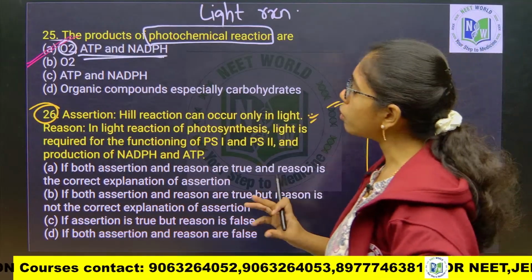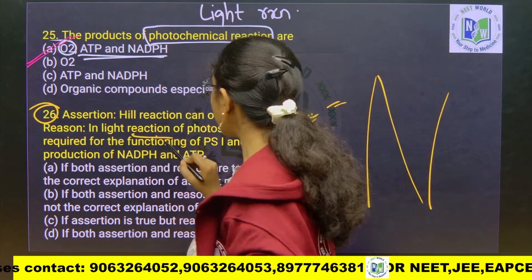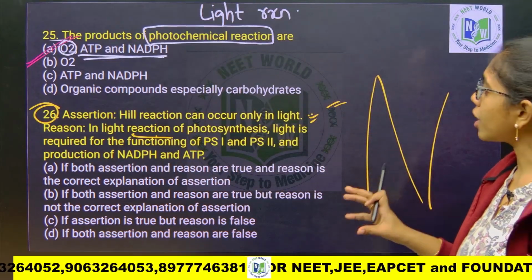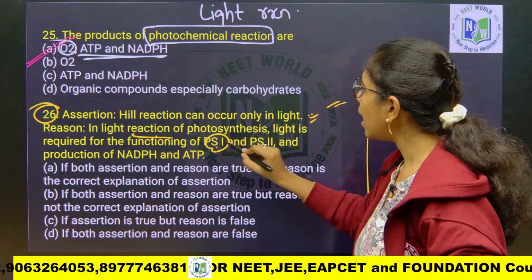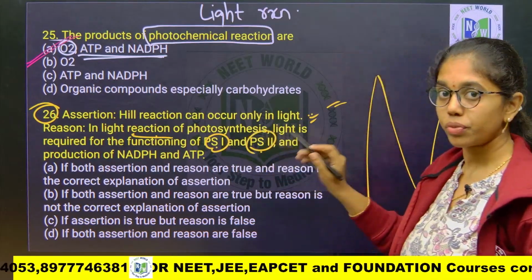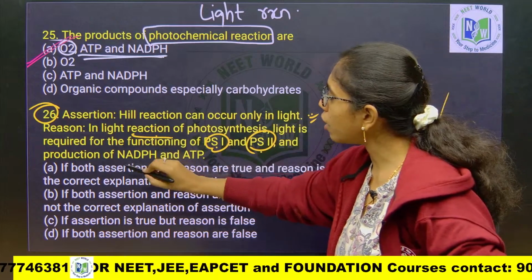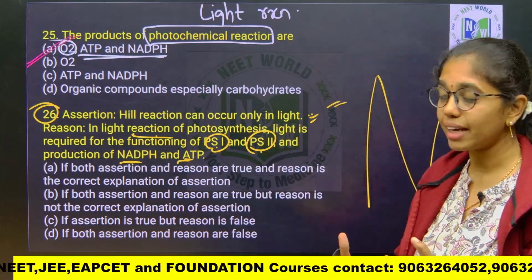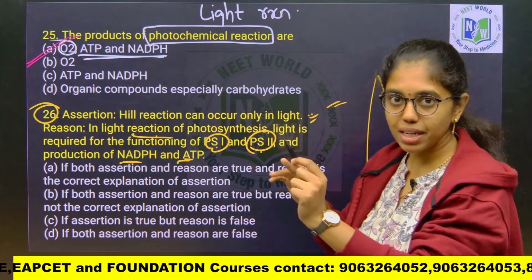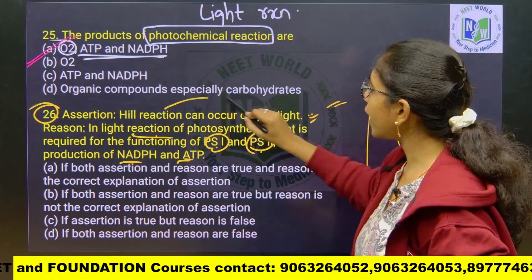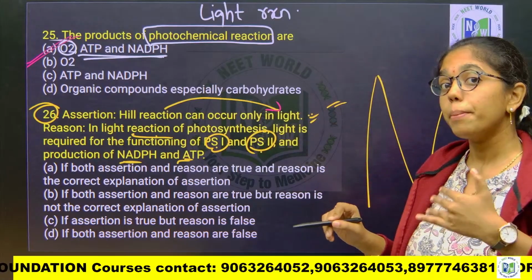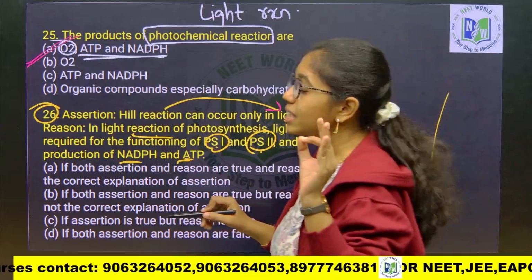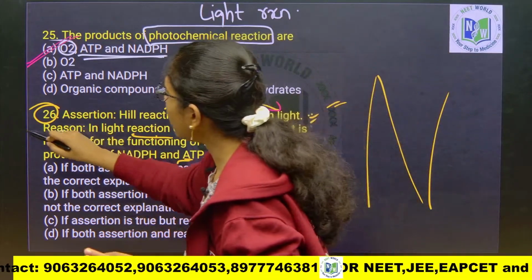In the reason, if you see, in the light reaction of photosynthesis, light is required for the functioning of photosystem 1 and photosystem 2, and for production of NADPH and ATP. So if you observe the reason clearly, the assertion says that Hill's reaction can occur only in light, and why Hill's reaction occurs only during light is clearly explained in the reason.